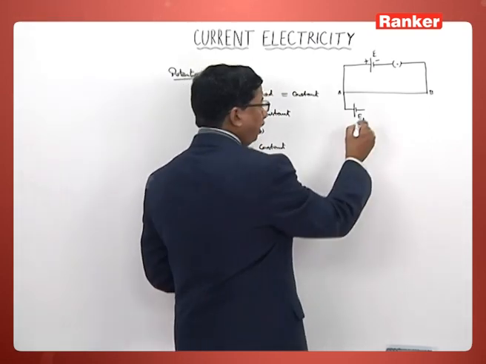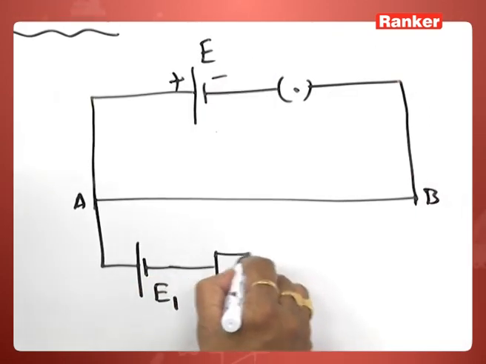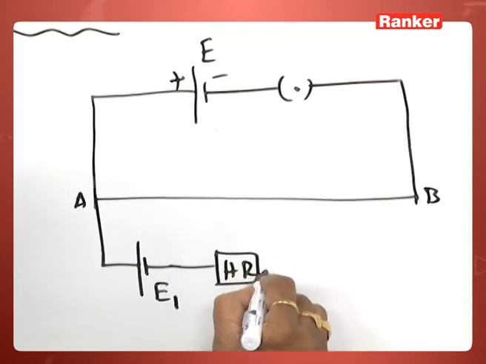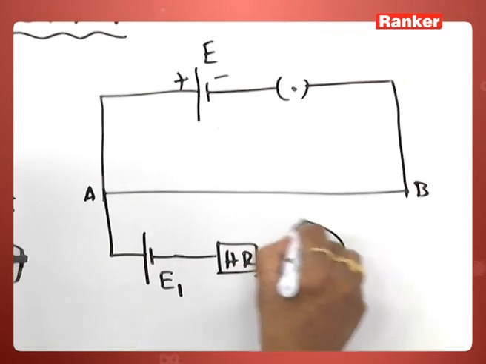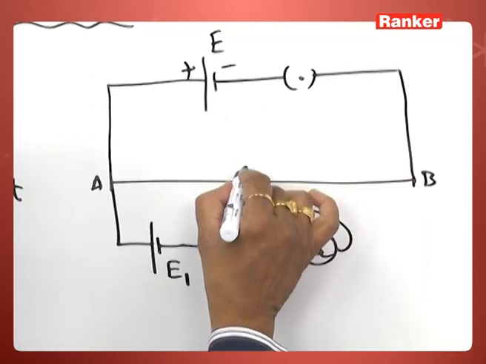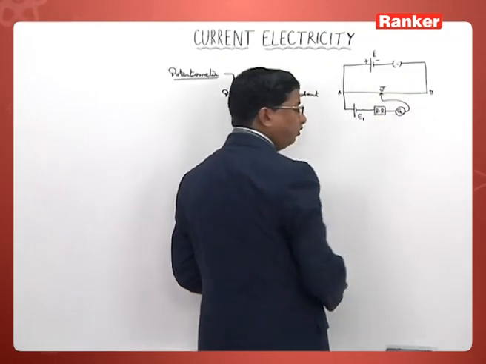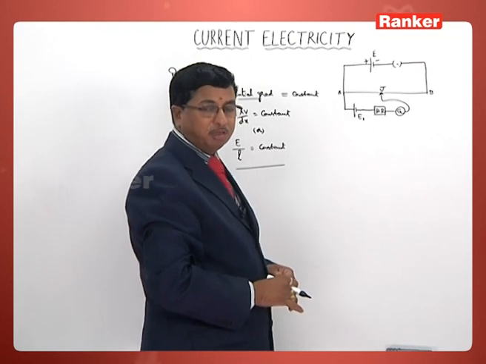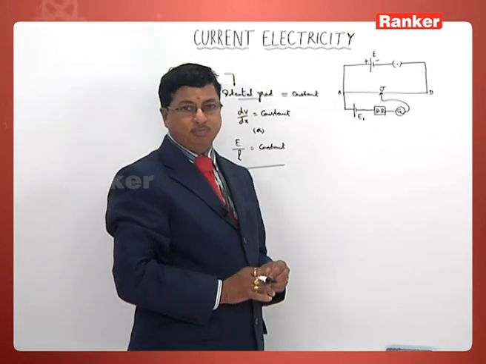That again is going to be connected to a high resistance, then to a galvanometer, and that galvanometer is directly connected to the potentiometer wire. It can slide over by means of a jockey.